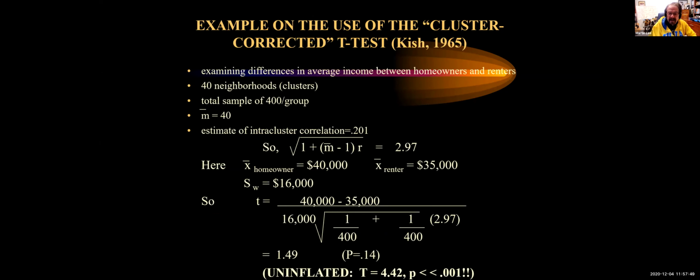And here's an illustration of a simple study, and it turned out that if you fail to account for clustering in this examination of income between homeowners and renters, you would have gotten a significant result, a very significant result. But by incorporating the clustering, you don't see significance at all.